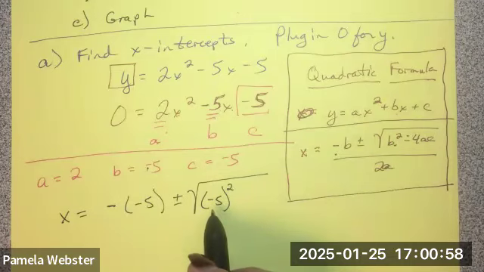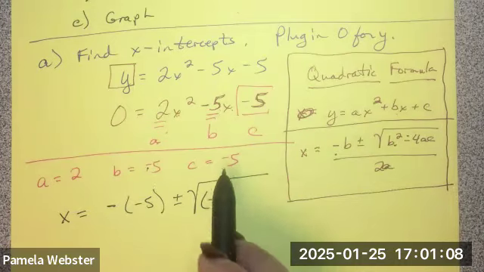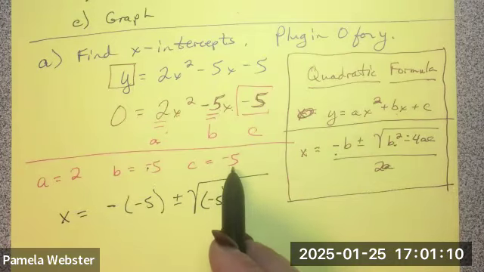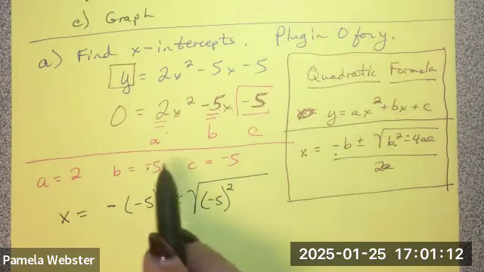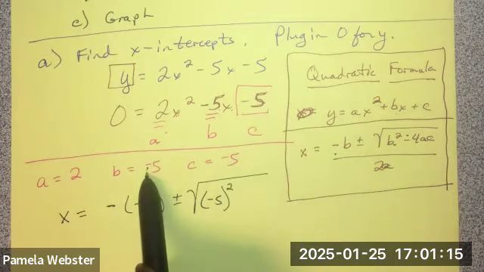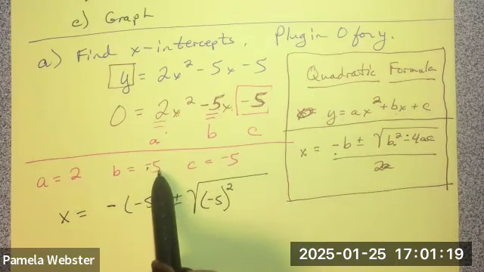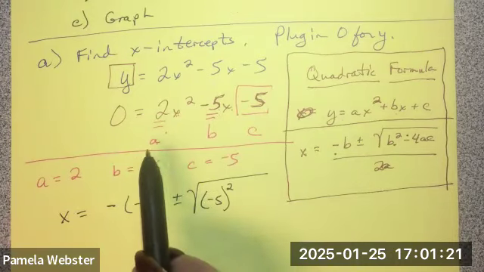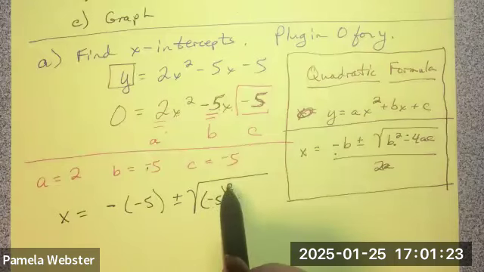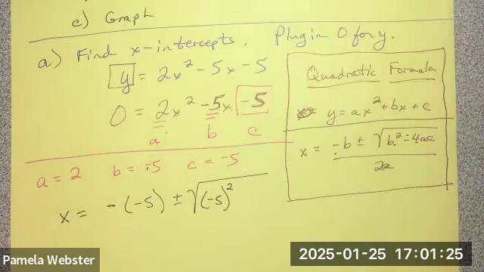If you use your calculator and don't put the parentheses, it will tell you it's -25. But b squared is -5 times -5, and a negative times a negative is a positive, so that's going to be a positive 25.